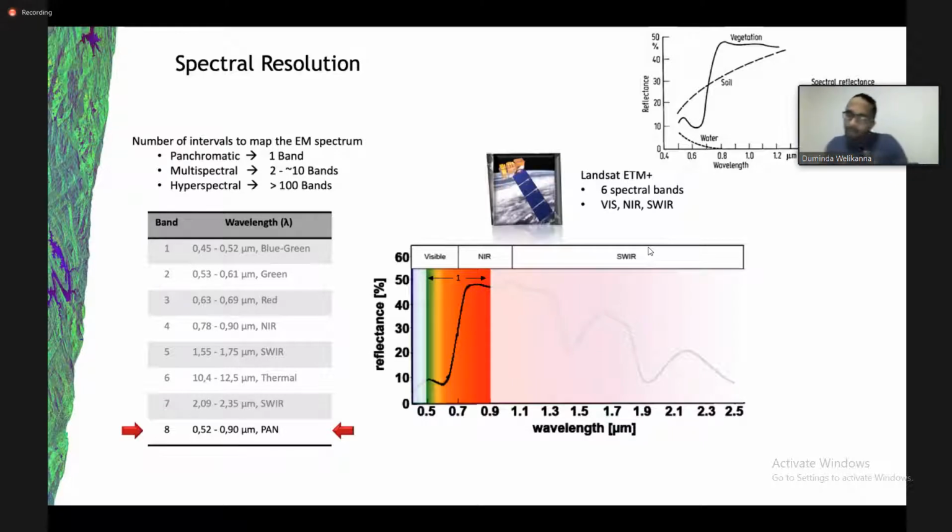So because of that, a small area on the ground cannot be imaged if the incoming radiation is small. So you need a little bit of a large area in the wavelength to get enough energy back to give an energy value to the pixel.